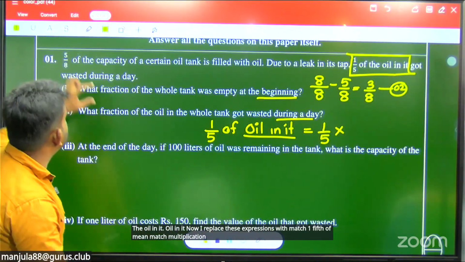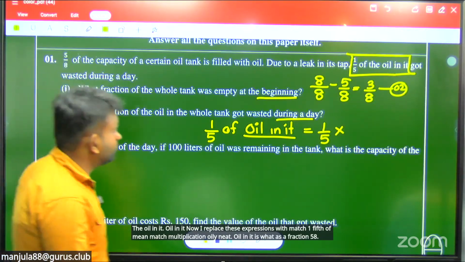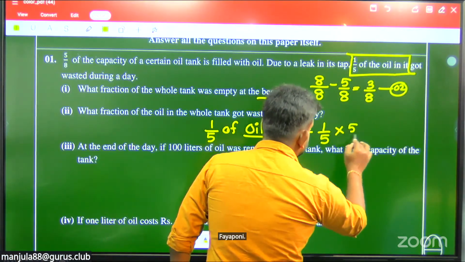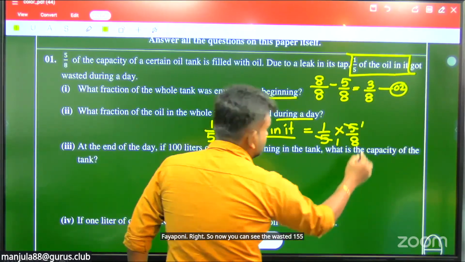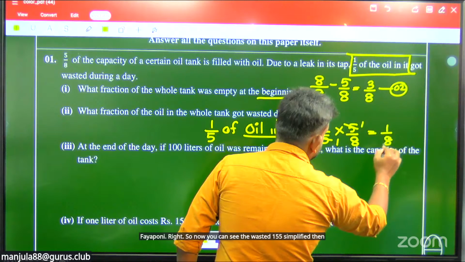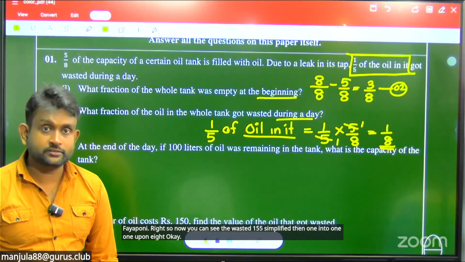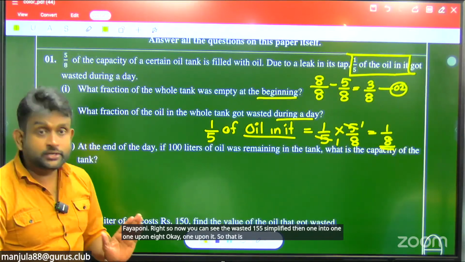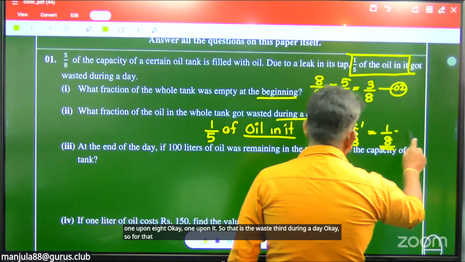Oil in it is what as a fraction? 5/8. So now you can see the wasted one. 5 simplified, then 1 into 1 upon 8. So 1 upon 8 is the wasted during a day. For that one, you have 2 marks there.